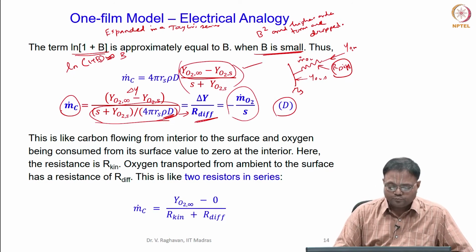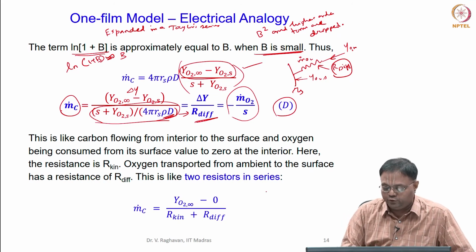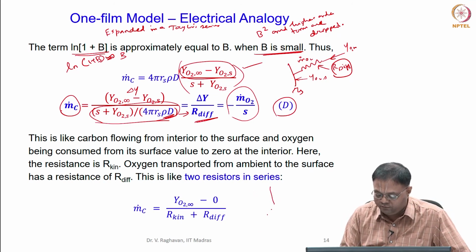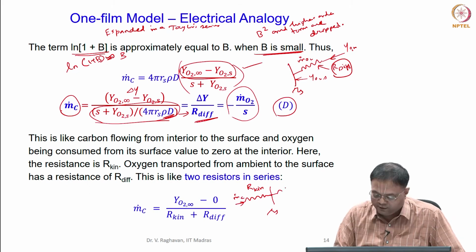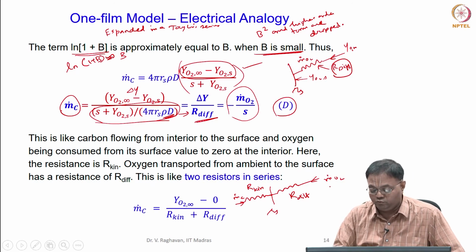Okay. So, we have this circuit now. You can see RS, and there is one resistance which I call R kinetic, the kinetic resistance. This will be the mass flow rate, and there is another resistance here which is called R diffuse, the diffusion resistance, for the mass flow rate of oxygen from the ambient towards this.